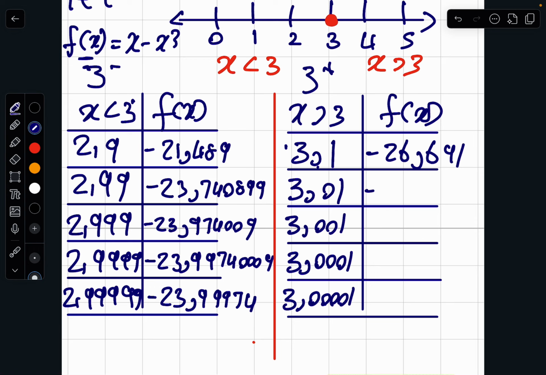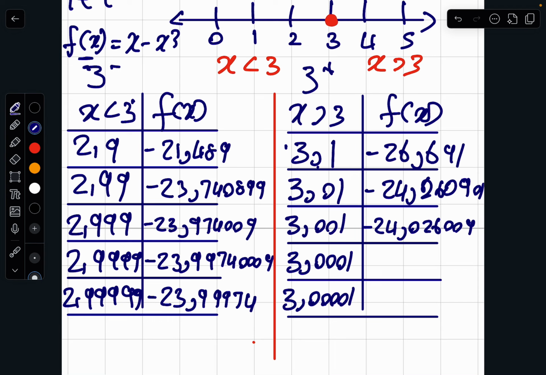We are just adding the zeros in between that. You get negative 24.260901. Then you put another 0. You are going to have negative 24.026009.